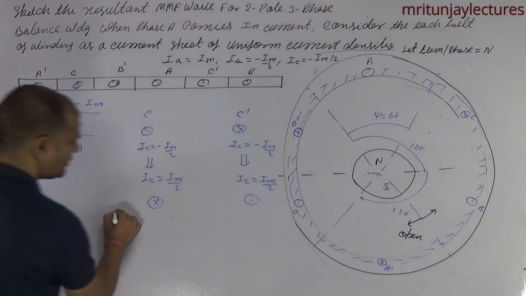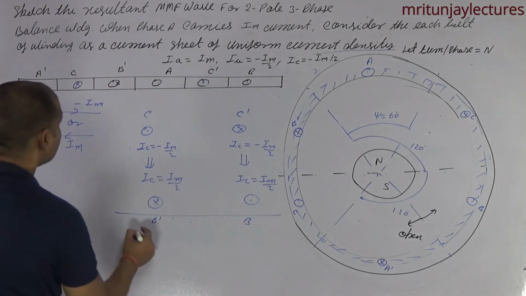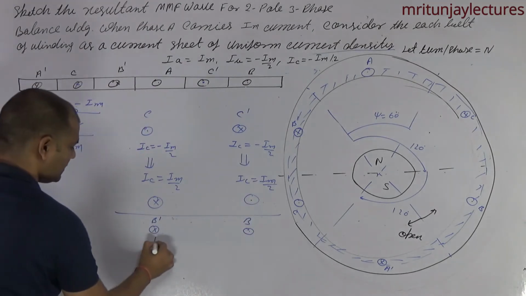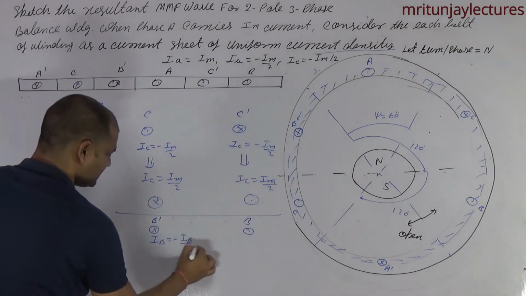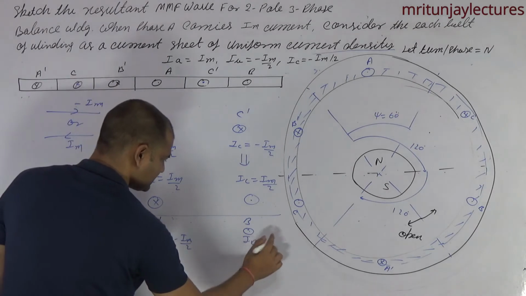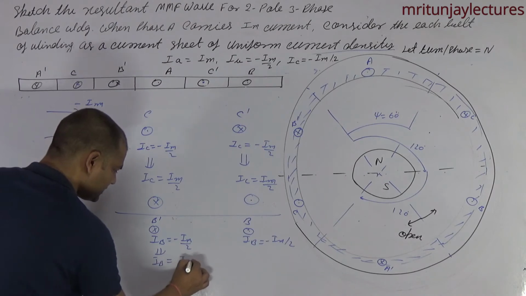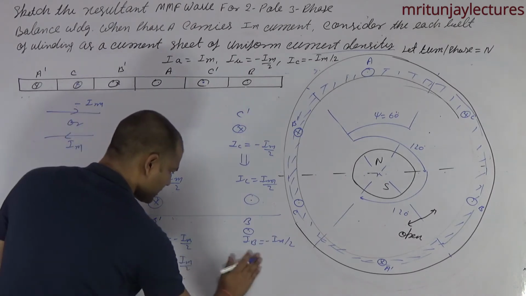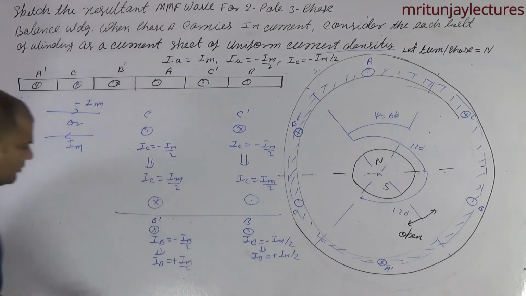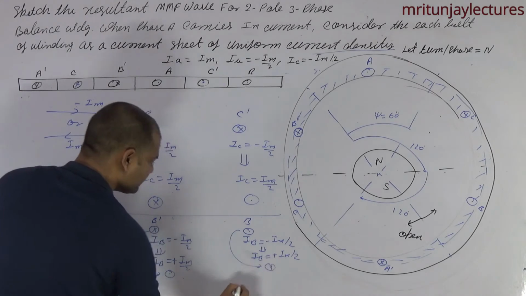Similarly, what about B? B dash represents cross and B actual dot. But IB is minus Im by 2. If you want to write IB as plus Im by 2, the sign changes: it is dot and this is cross.